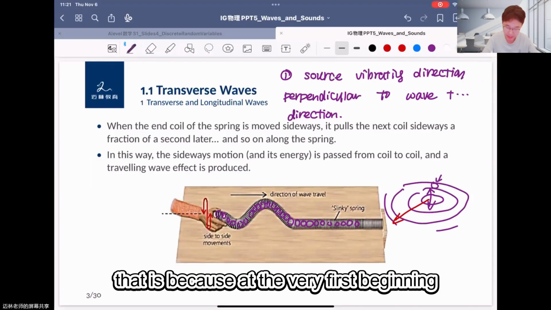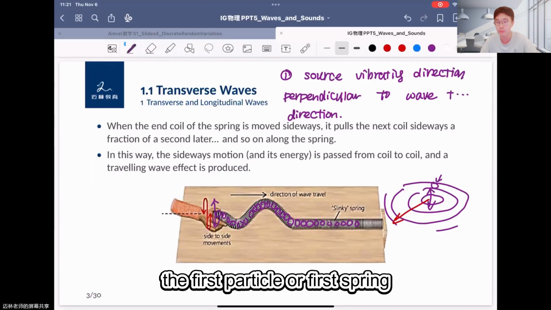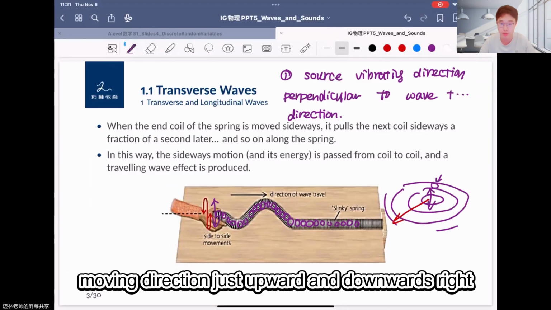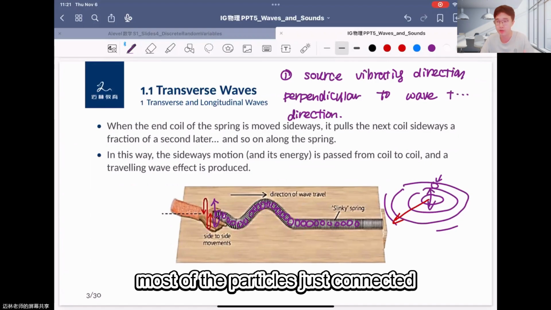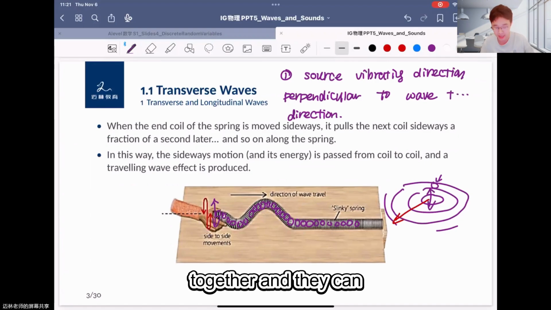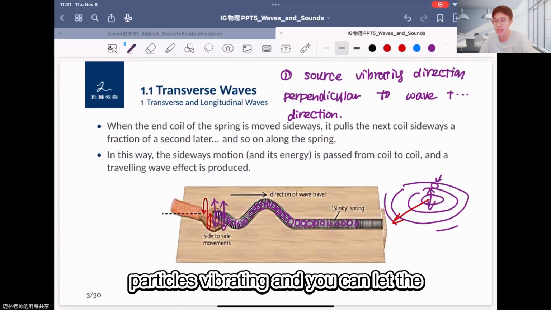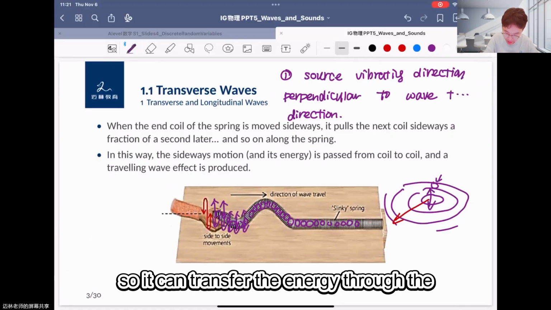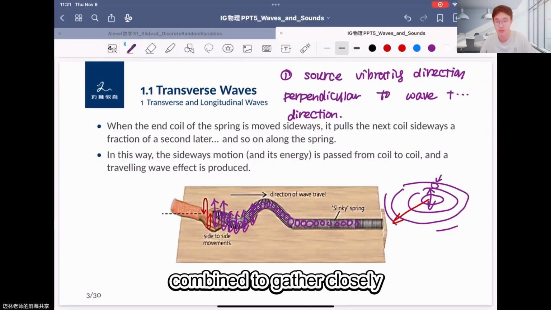That is because at the very beginning, the hand starts to vibrate, and it gives the first spring particle a moving direction, just upward and downward, right? And because it is solid, the particles are connected together, so the first can take the second particle to vibrate, okay? And the second particle vibrating lets the third particle vibrate. So it can transfer the energy through the vibrating because they are combined together closely, okay?